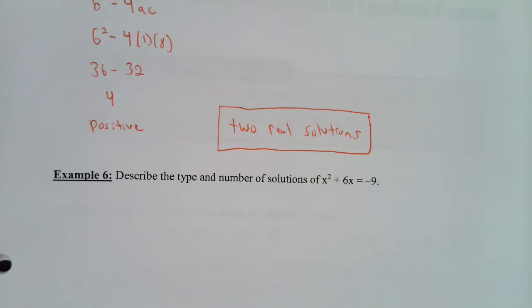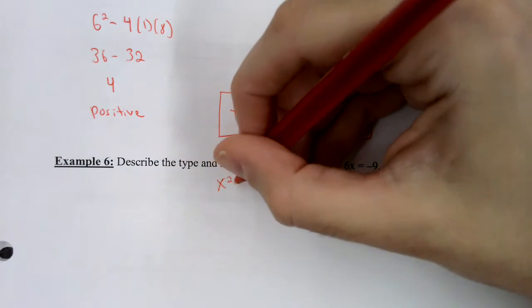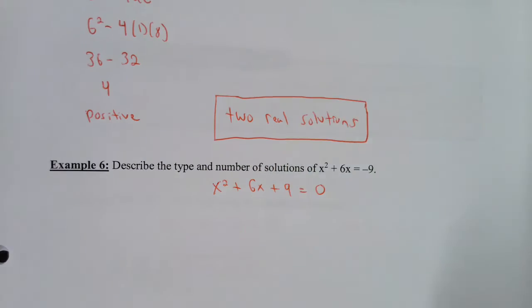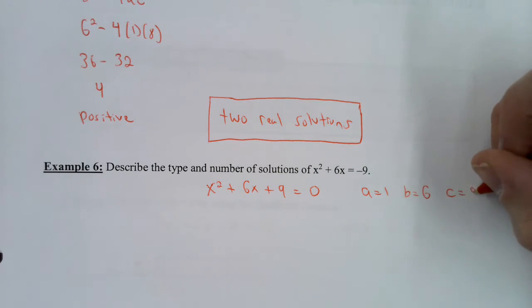Example 6, it's not equal to 0, so we have to make it equal 0. Add 9 to each side: x squared plus 6x plus 9 equals 0. So a equals 1, b equals 6, c equals 9.